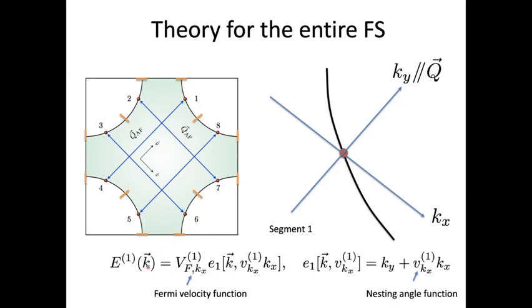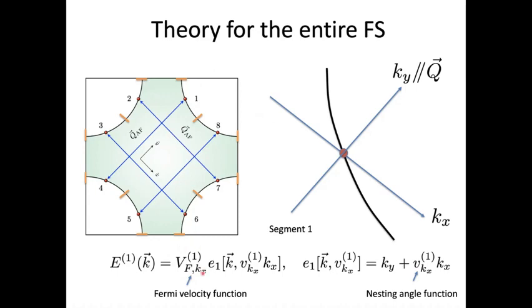Okay, so here I have specified the Fermi velocity as a function of momentum along the Fermi surface. Near hotspot 1, I have chosen my coordinate system such that ky is along the Q vector, kx is perpendicular to the Q vector, and I use kx as a label of the Fermi surface.